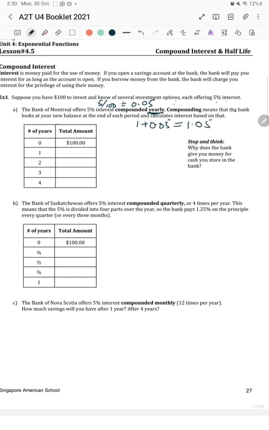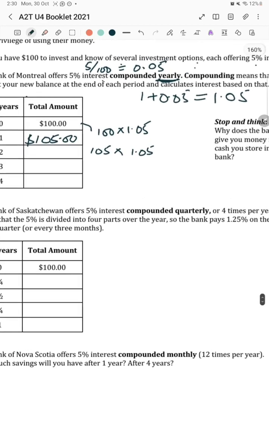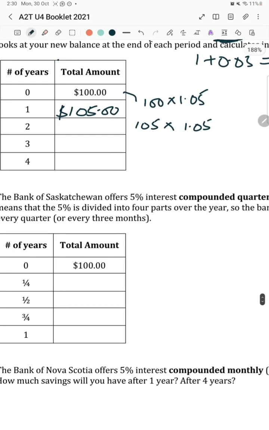So now 100 times 1.05 will be equal to $105.00. Now 105 multiplied by 1.05 will give us $110.25.